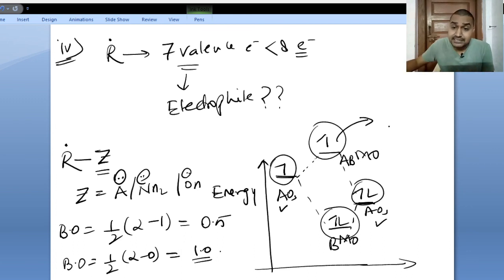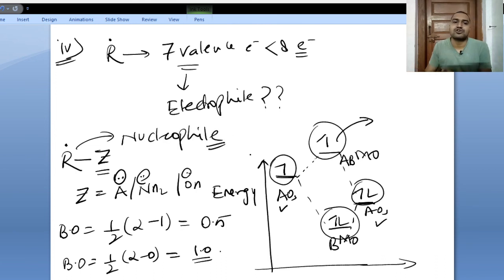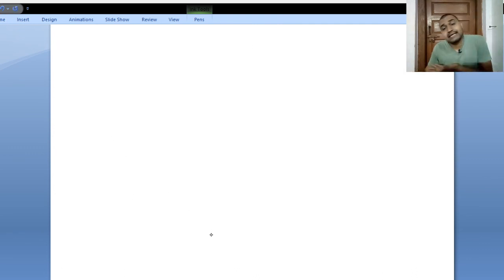So this free radical is going to act as a nucleophile, because it is donating its electron to increase its bond order, which is favorable. So when your Z contains a lone pair, the free radical acts as a nucleophile.